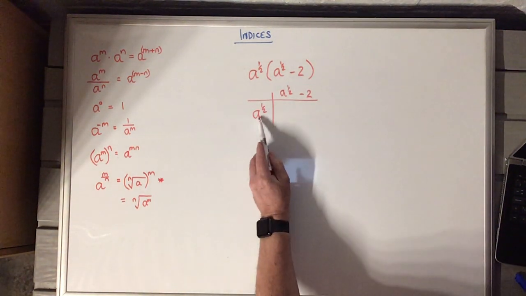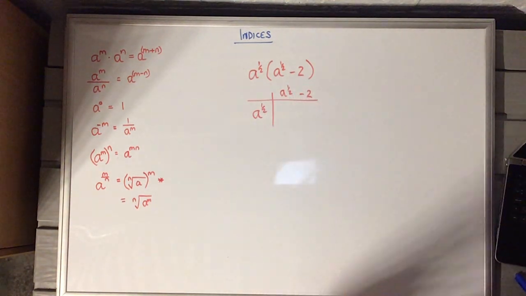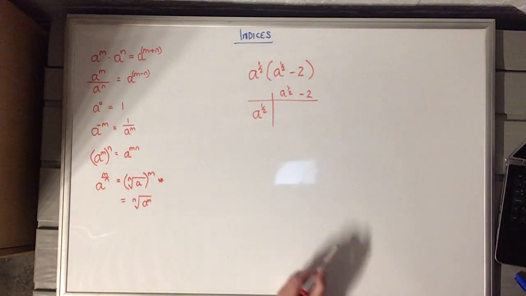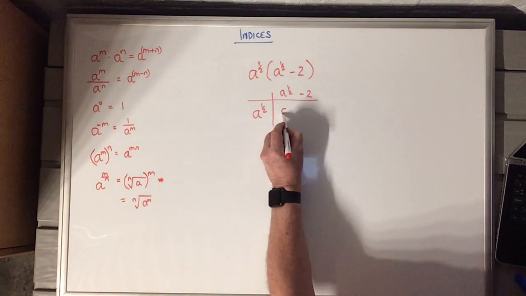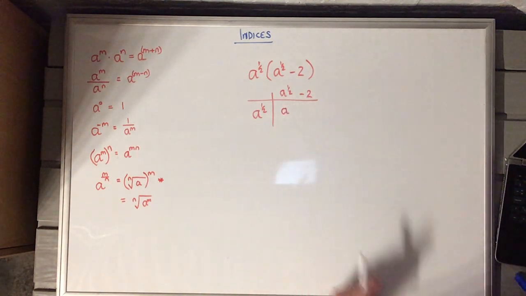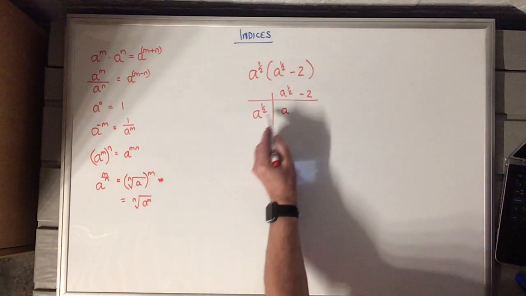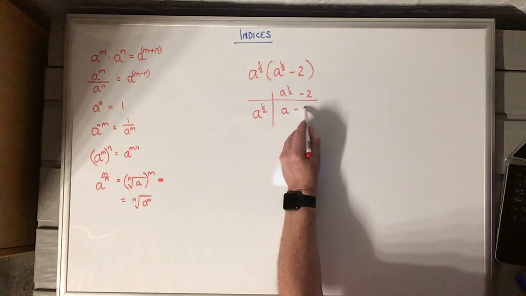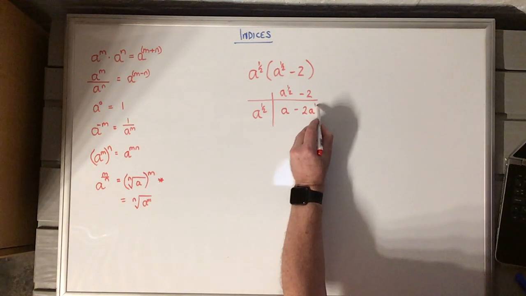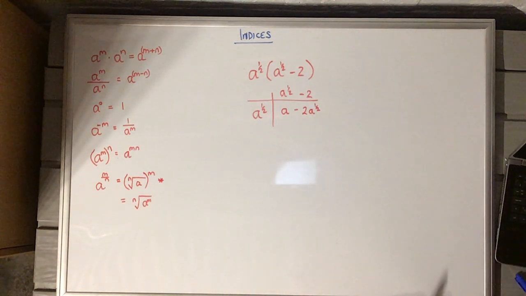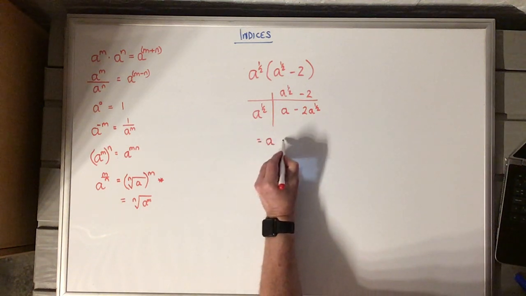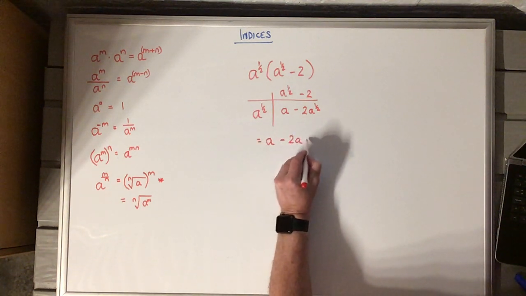So a to the half times a to the half, well, back to rule 1 again, we add the powers. A half plus a half is 1, so that gives me a to the power 1, which is just a. And again, a to the half times -2 is going to be minus 2a to the half. So my final answer is a minus 2a to the half.